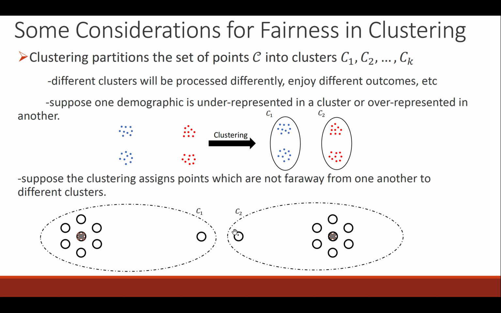The one on the right is in C2, whereas the one on the left is in C1, and therefore they will basically likely enjoy different outcomes. And this may be an undesirable property, the separation of points which are close to one another. So for example, in a redistricting application, you might want to preserve community cohesion. You might not want to separate vertices which are close to one another. So that might also violate a notion of fairness.